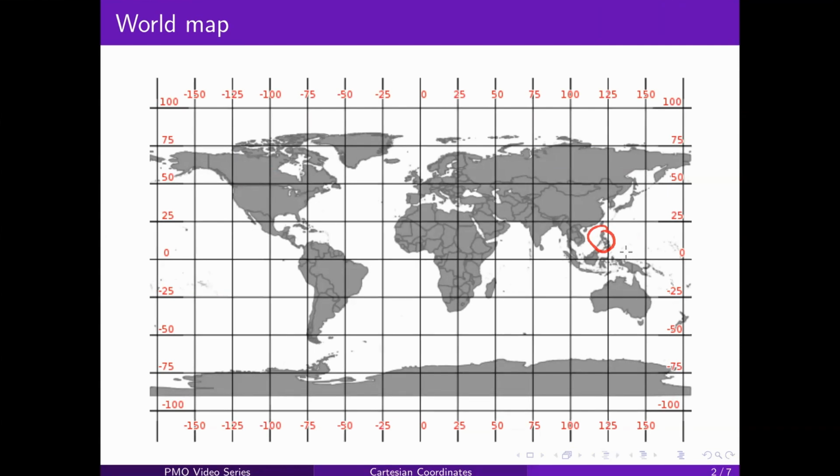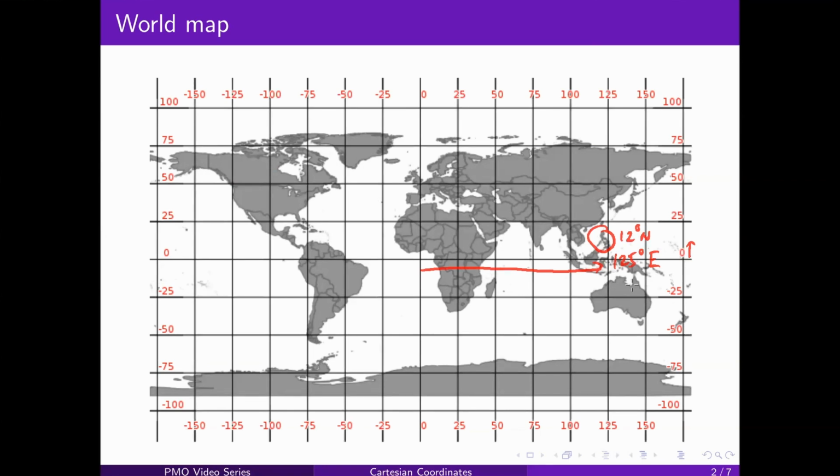For the latitude, you'll see that from the equator, you move up around 12 degrees north. And then for the longitude, from the meridian, you move to the right around 125 degrees east. So with just those two numbers, 12 degrees north and 125 degrees east, or in this convention, positive 12, positive 125, you can mark the position of the Philippines.